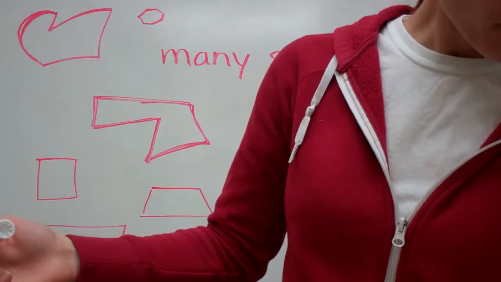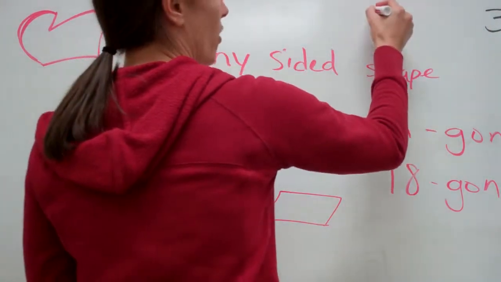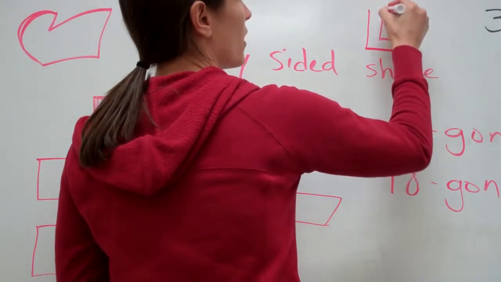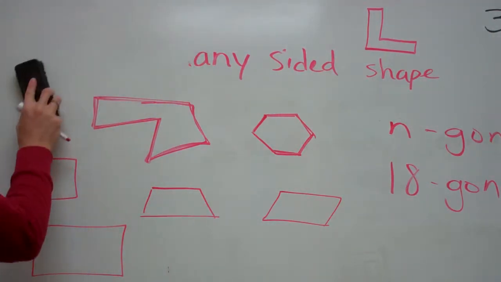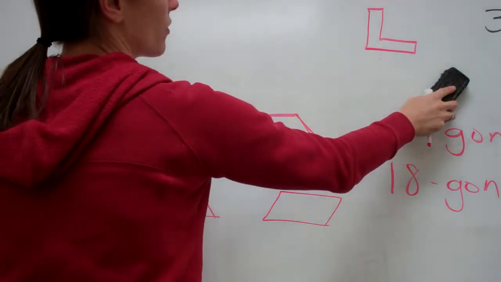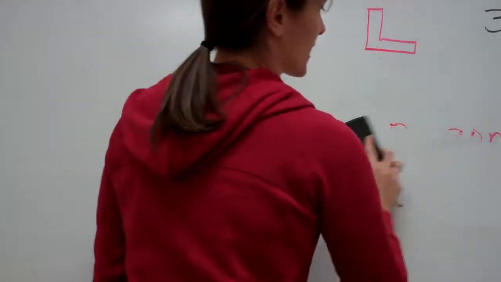Remember that? All right. Everybody look at my letter L. What kind of polygon is it? Hexagon. Yes. Why is it a hexagon? Because it has 6 sides. Very good.